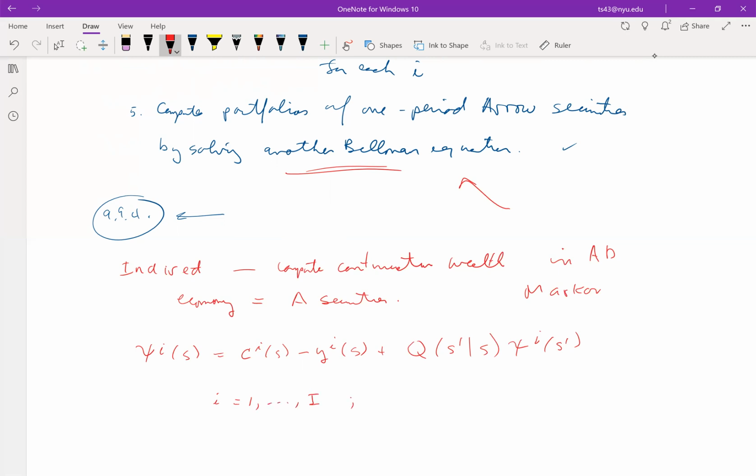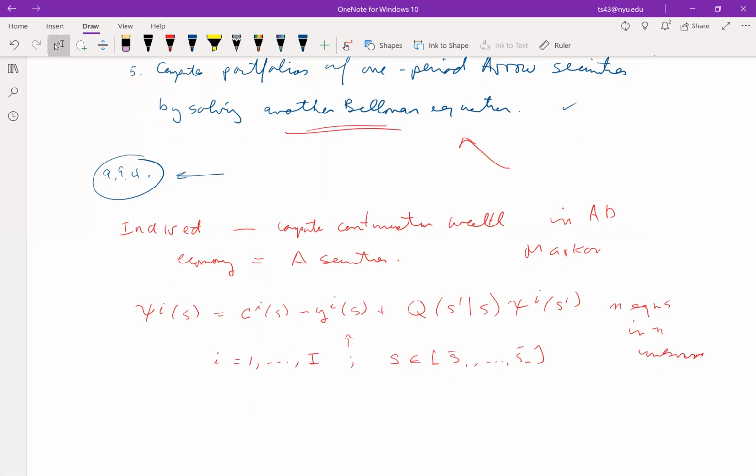So for each person i, s belongs to our set s1 through sn, the state space. So this is going to be n equations in n unknowns. That's what I want it to be.